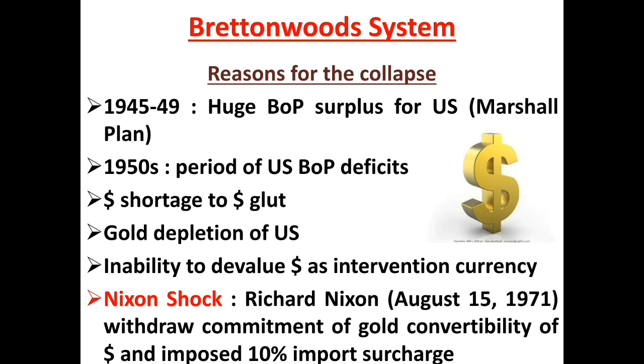Increasing apprehensions were raised that the US might not be able to satisfy its commitment of convertibility of dollars into gold. In fact, that apprehension became a reality on August 15, 1971, when then President Richard Nixon withdrew the commitment of gold convertibility of the dollar and imposed a 10% import surcharge in the United States.